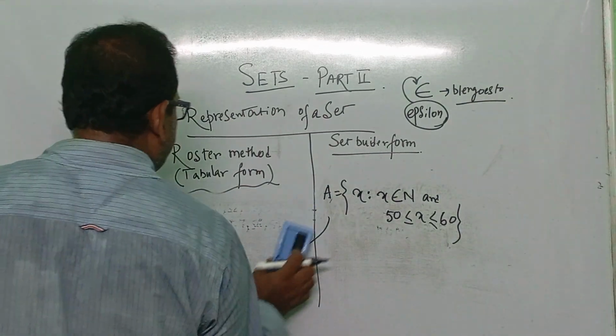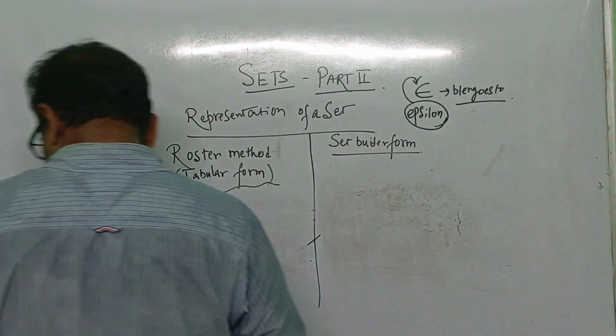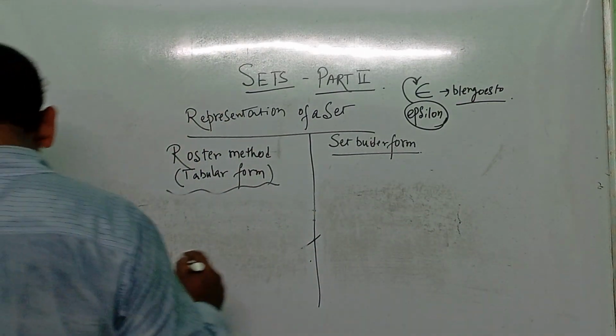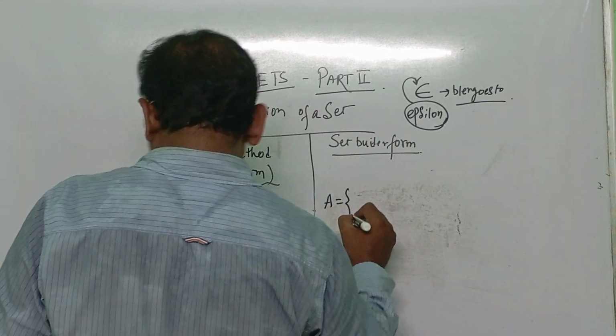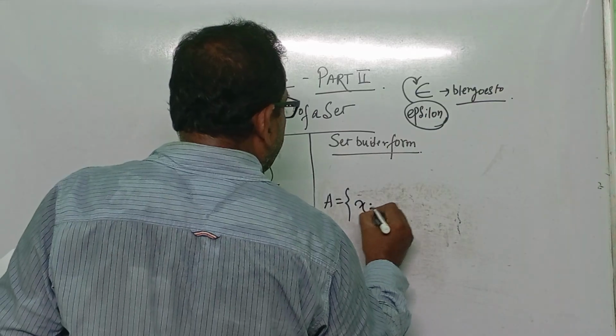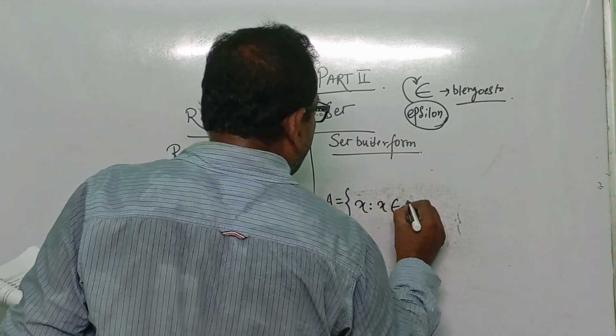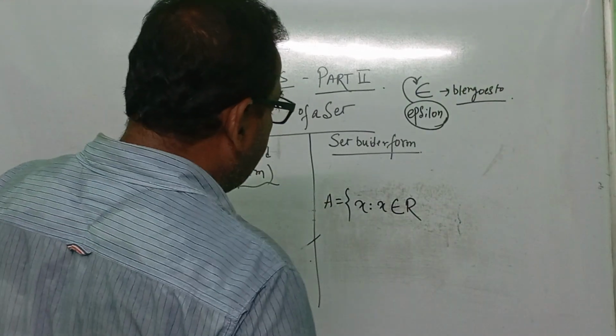Now the most important question is that A is a set where x belongs to R. R means all real numbers.